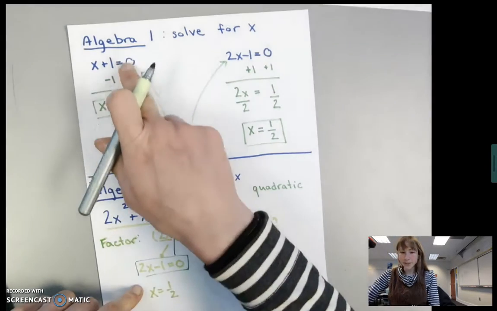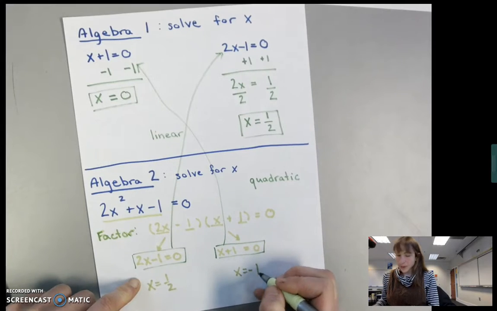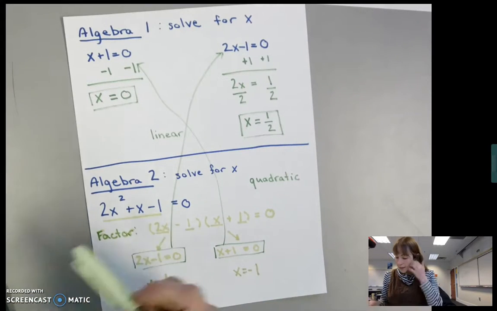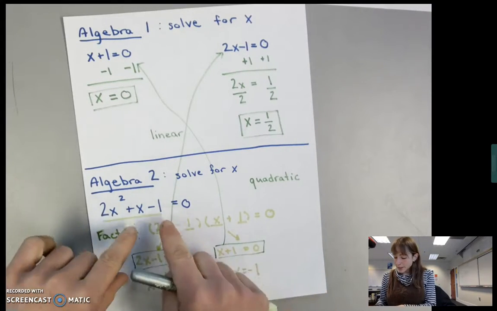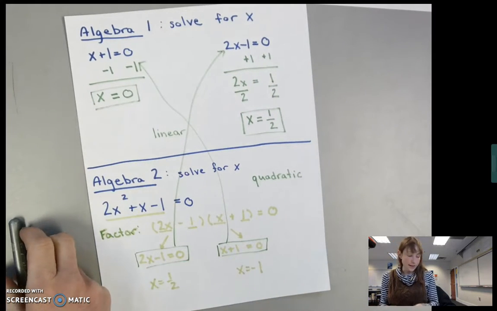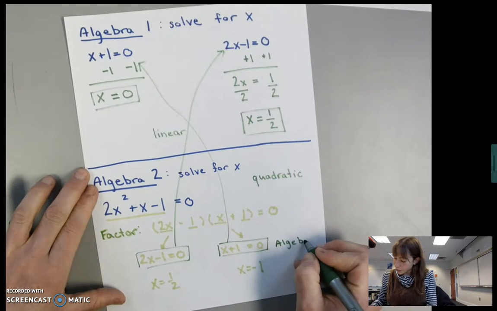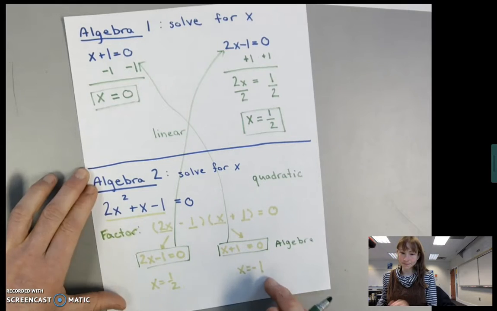And here, if I use the same exact process as from Algebra 1, I get x equals -1. So the only thing that's different here is we had to factor first, but then we just applied our Algebra 1 skills again in order to solve for the two solutions.